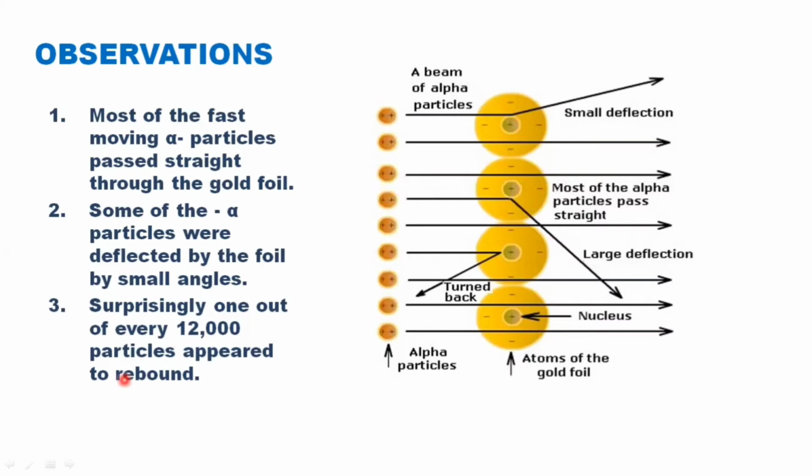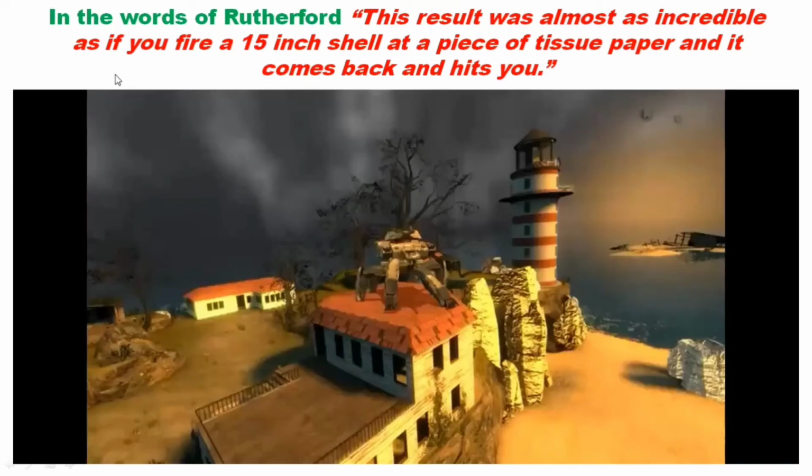Also, another surprising observation he could get, that is, 1 out of every 12,000 alpha particles appeared to rebound. As you can see here, this alpha particle is rebounded back, and the reason for rebounding is because this alpha particle directly hits the nucleus of the gold atom.